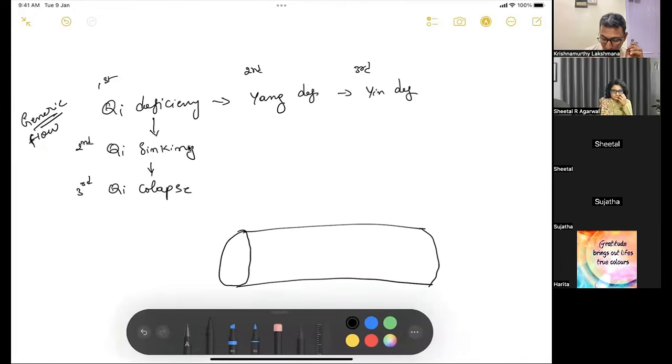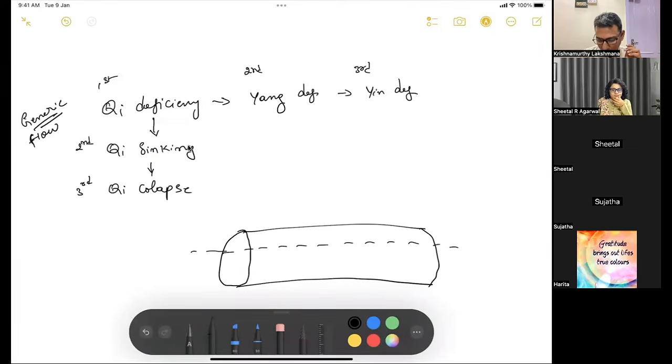So if the amount of water is supposed to be at this normal level, so we say normal. And if the water is this much, we say deficiency.